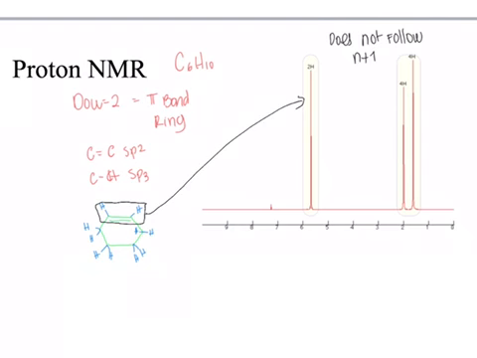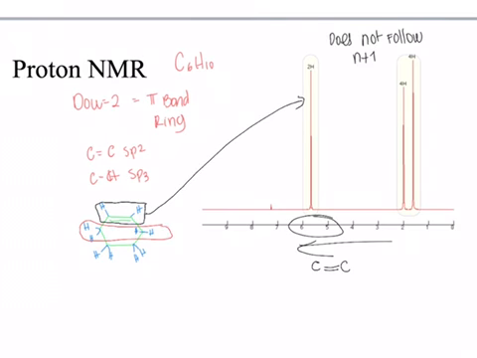And another characteristic of this specific pattern is that it is located between 6 and 5. It was deshielded by the symmetry and the presence of the double bond between carbon and carbon.